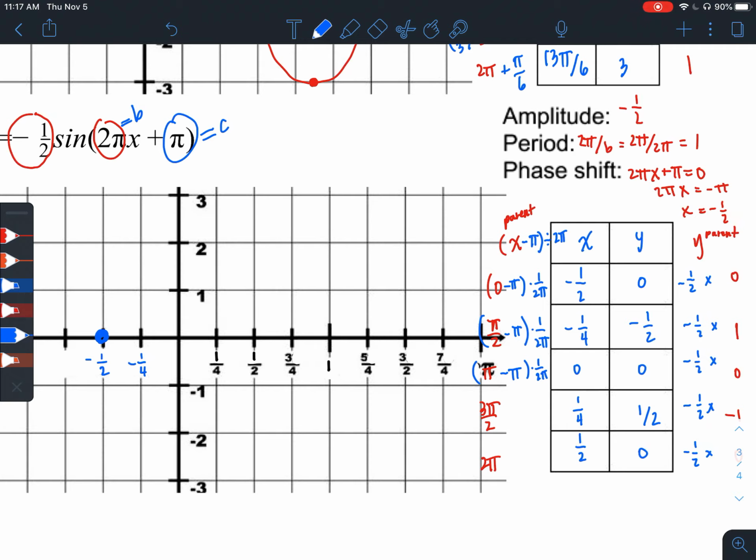Okay, then we get negative 1/4, negative 1/2, 0, 0, 1/4, 1/2, 1/2, 0. So our graph looks like so. It keeps continuing on in both directions. Okay, so that's it for our examples today.